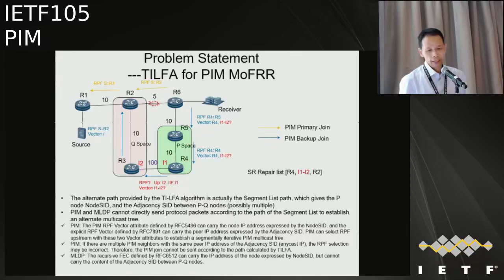But here, the problem is that between R4 and R3, if R4 just includes the node ID, R4 can't send the PIM join to R3, because though R3 is a directly connected neighbor, for R4 it is not the RPF path.